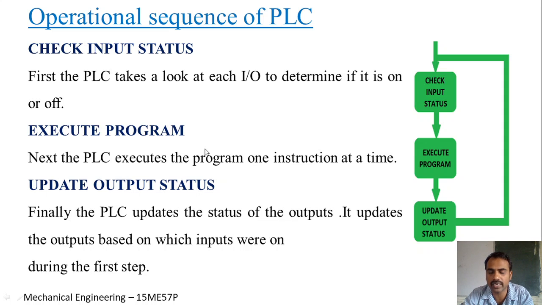Then in the second stage, the program will be executed. Whatever program you upload to the PLC will be executed step by step, one instruction at a time. Finally, based on the input status, the PLC will update the outputs in each step.